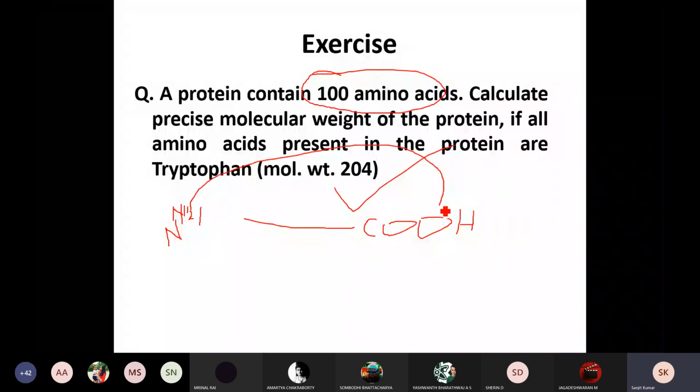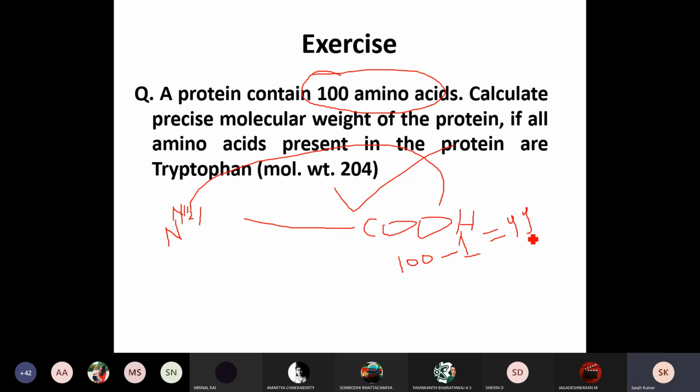But it is not a circular protein. It is a long chain of 100 amino acids, so 100 minus 1 gives 99 peptide bonds. Correct?